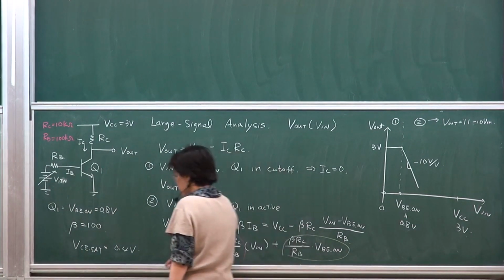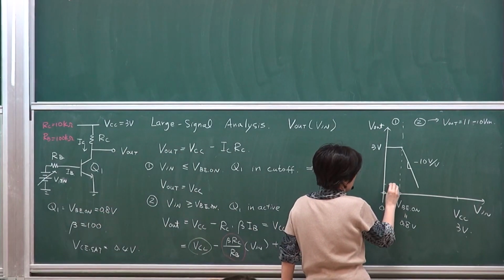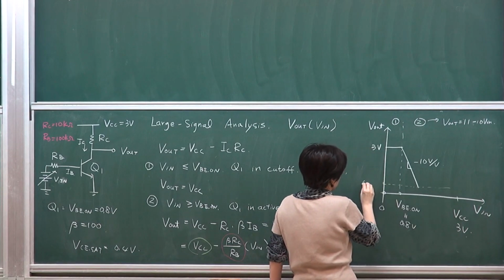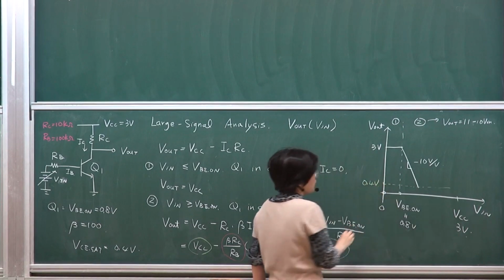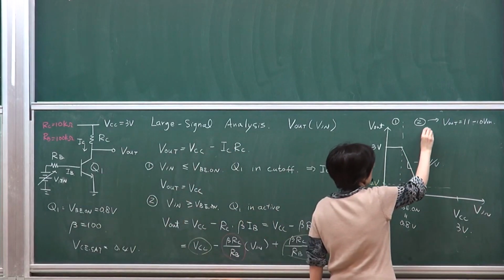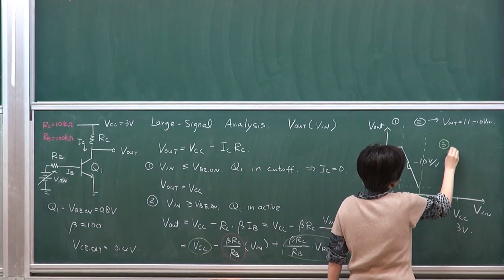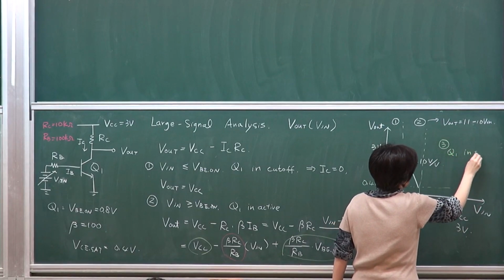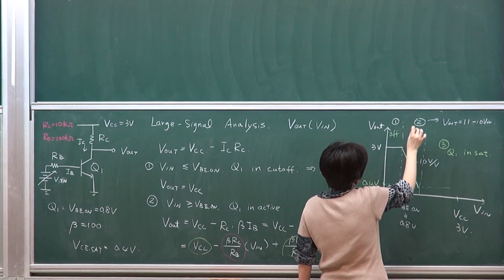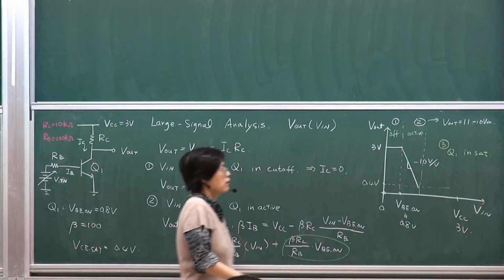So then it will drop until it hits 0.4 volt. Then it enters region number 3, which is saturation. This is off, this is active, and then saturation.